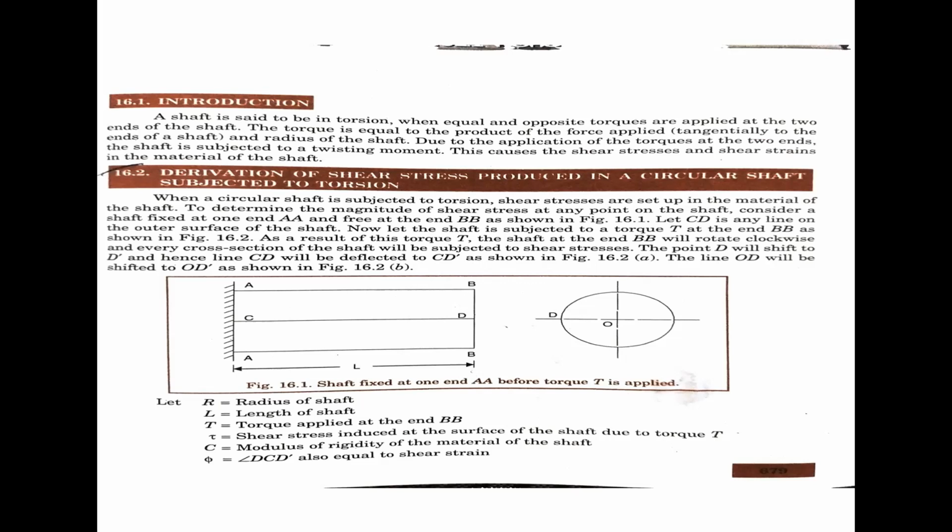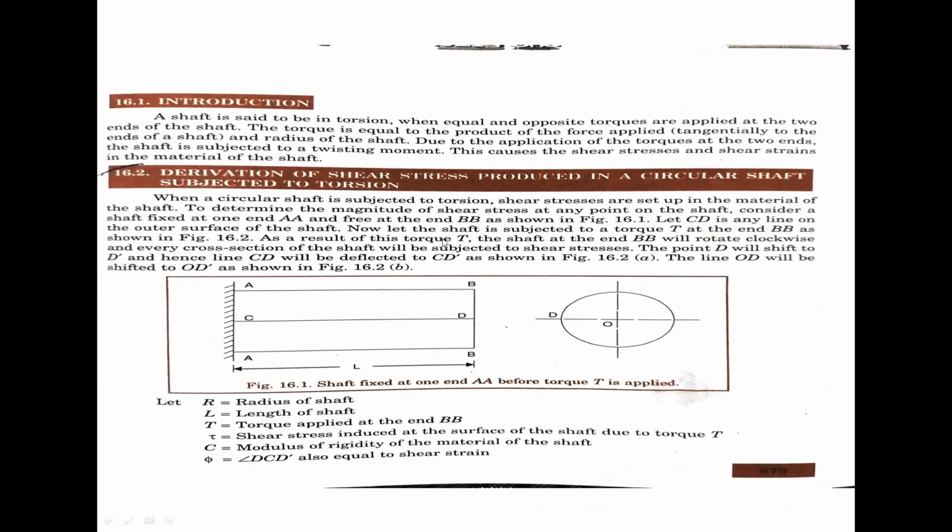See this diagram 16.2. Torque will be developed in the section B. As a result of this torque capital T, the shaft at the end capital B will rotate clockwise, and every cross section of the shaft will be subjected to shear stresses. Shear stresses are produced in the material of the circular shaft.